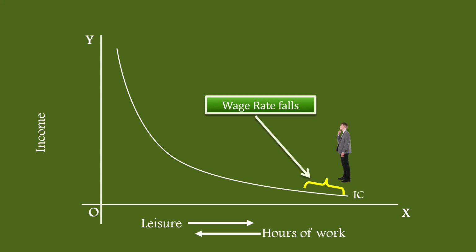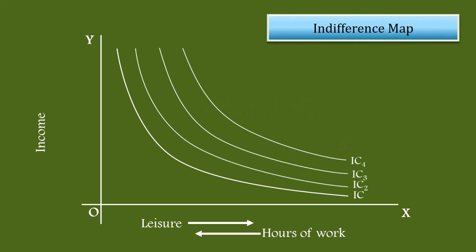These are the two finer points that we have to keep in our mind before proceeding to discuss workers' equilibrium. Apart from this, all the properties of consumer's indifference curve are equally applicable to the workers' indifference curve also. Like consumers, workers also have a workers' indifference map.